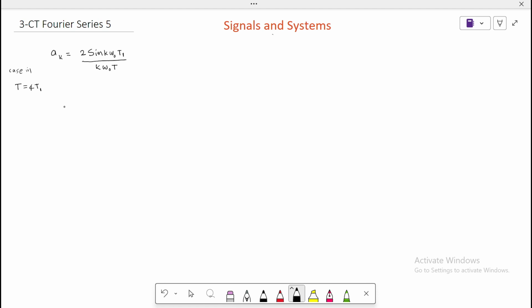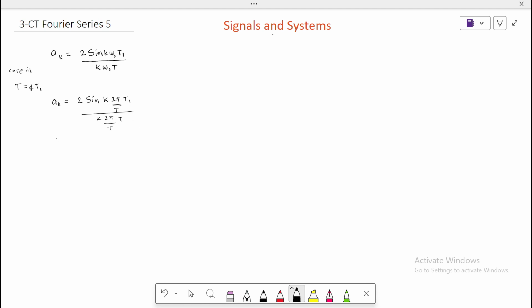In this case one, a_k equal to 2 sine of k 2 pi by T into T1 by k 2 pi by T into T. So the T gets cancelled, 2 gets cancelled.